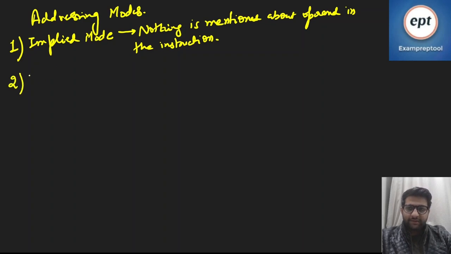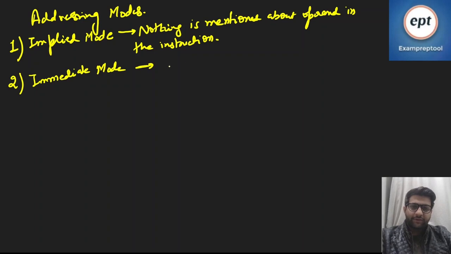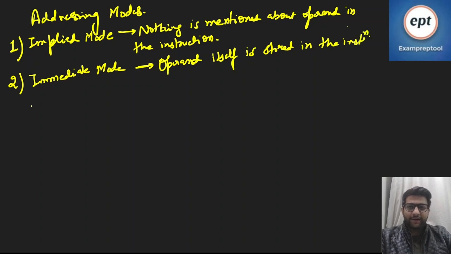The second one is the immediate mode, which represents that the operand itself is stored in the instruction. The third one is the direct mode.